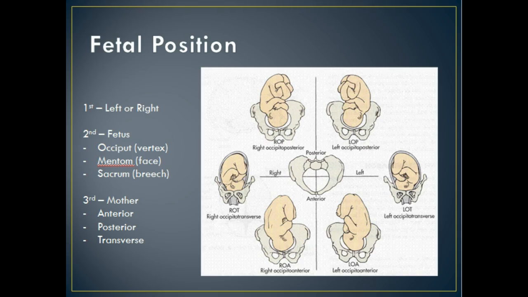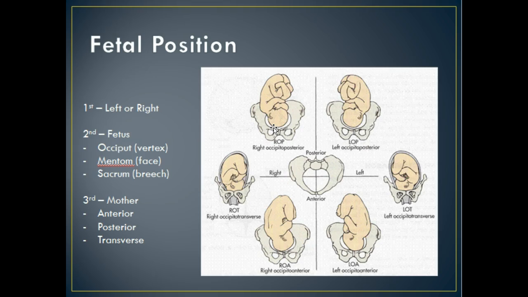And I have a picture of fontanelles on the next page, but if you think of this as being our anterior fontanelle and this as being our posterior fontanelle, the more of the posterior fontanelle you're feeling, the more flexed baby's head is going to be. So if you're feeling a lot of the anterior fontanelle and can't hardly find the posterior fontanelle, that gives you a sense of flexion, mildly speaking.